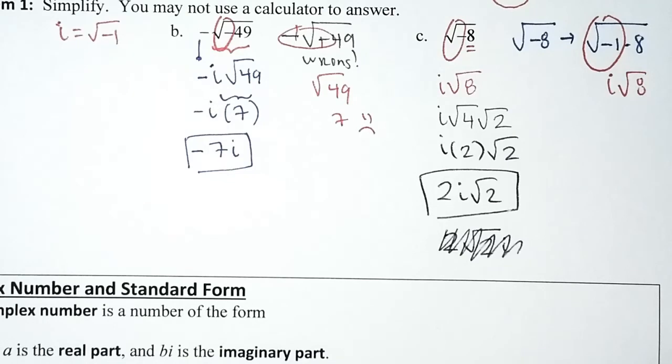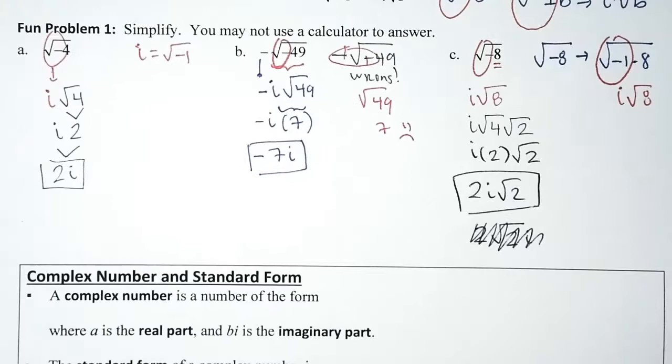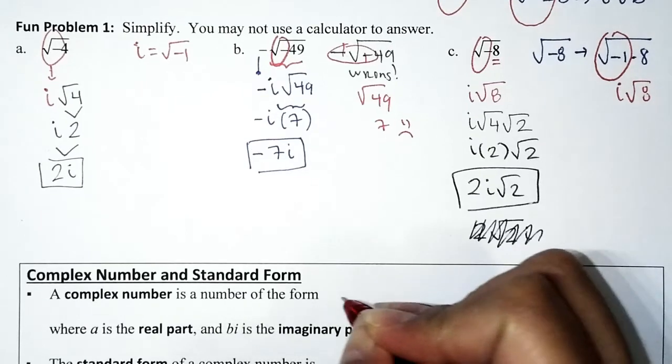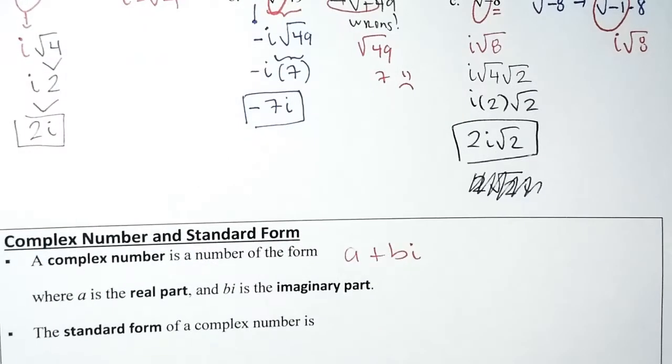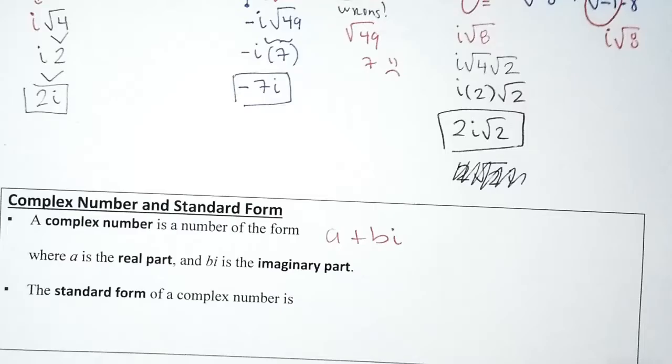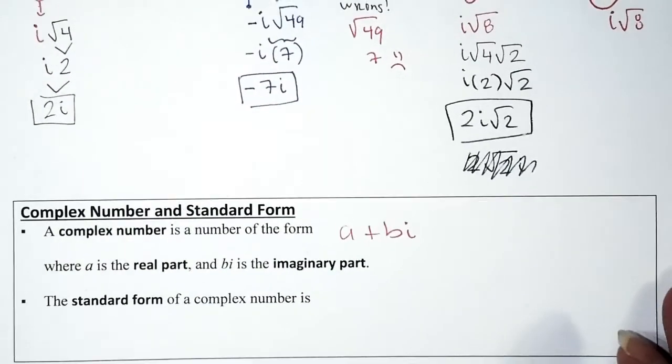Alright, so we are getting close to our first addition problem, or multiplication and subtraction. But before we can do that, let's talk about complex numbers and standard form. We had just said we're going to add, subtract, and multiply them, but we never actually formally defined what a complex number is. A complex number is a number that can be written in this form: a plus bi.